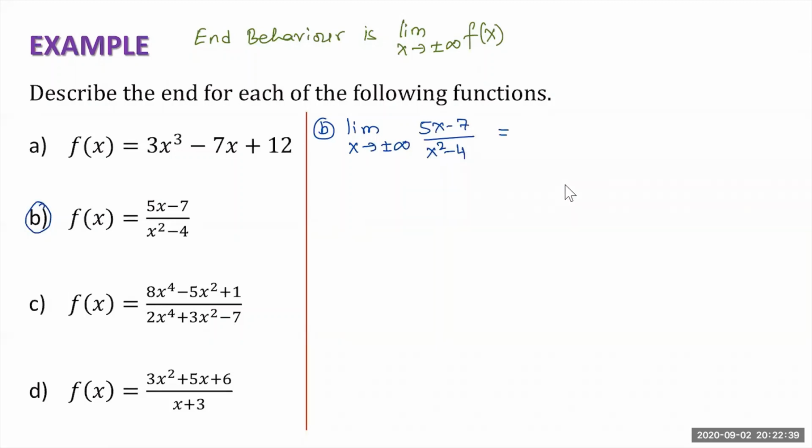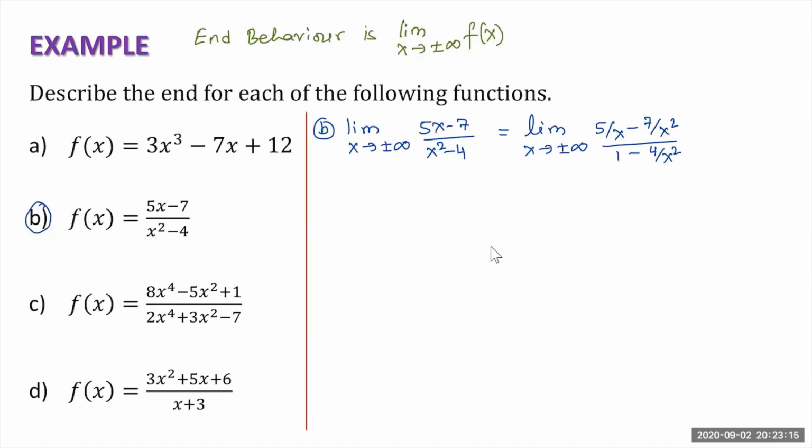The highest power of x in the denominator is x squared. When I divide by x squared, it will be 5 over x, minus 7 over x squared, and then x squared divided by x squared is 1, minus 4 over x squared.